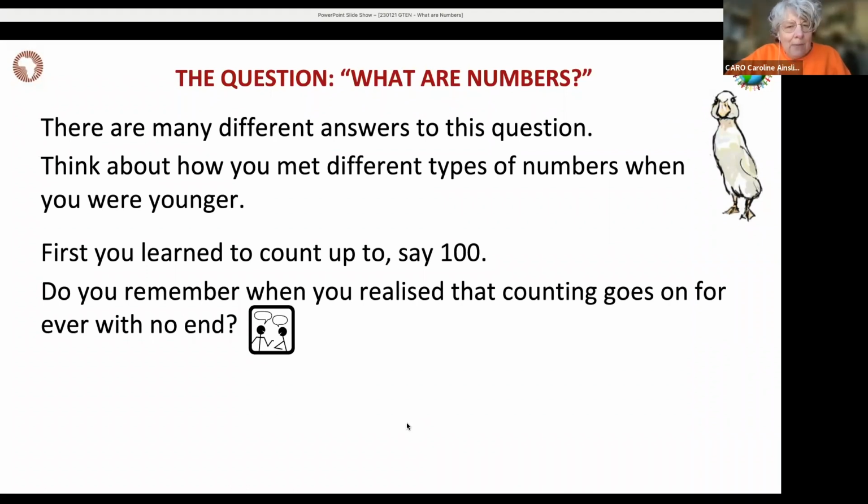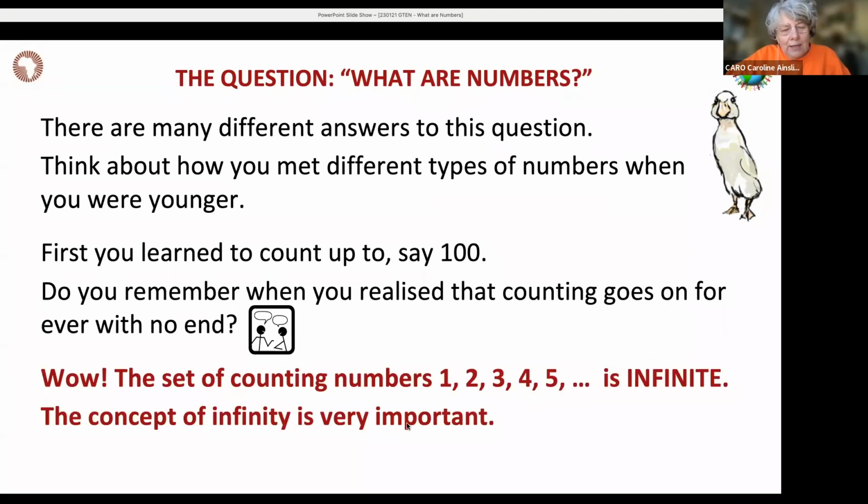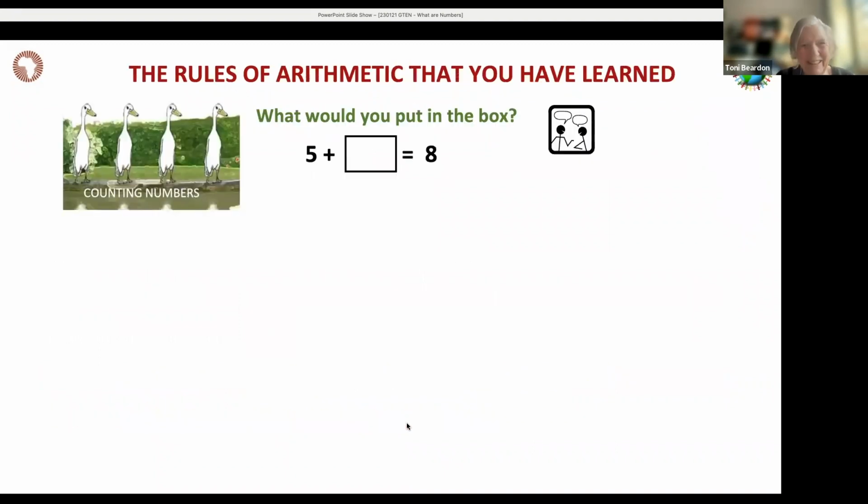Do you remember when you realized that counting goes on forever with no end? It's really a very defining moment when a child starts imagining infinity. Very young children are often very proud that they can count to 100. And then a little bit later, they realize that, well, this is great, I could go on and on forever, but I don't want to waste my time doing it.